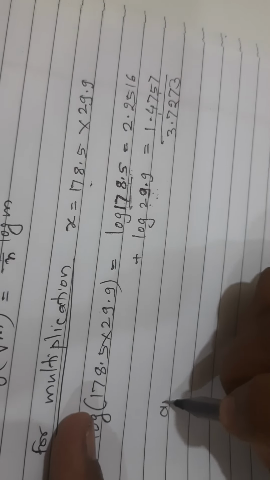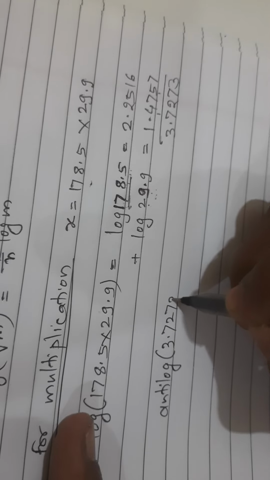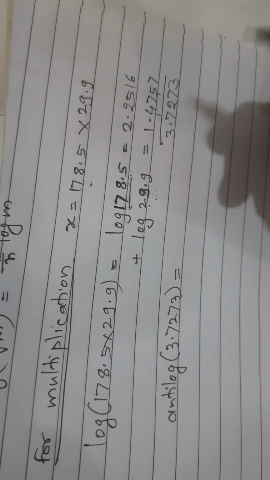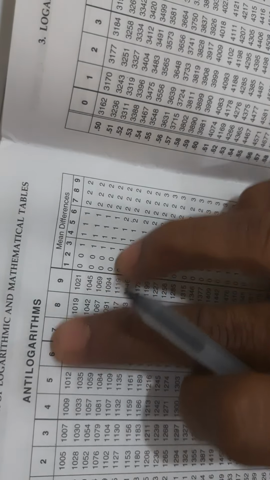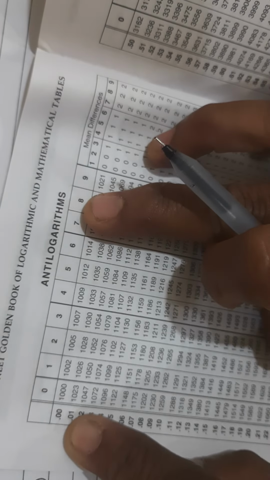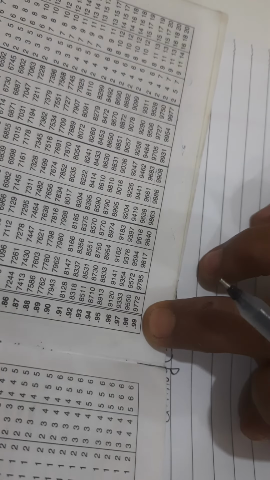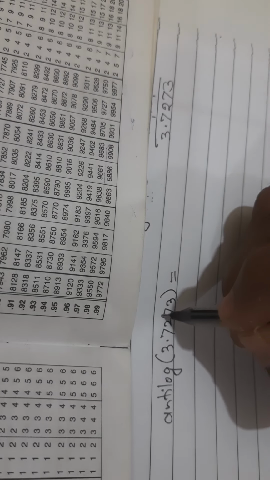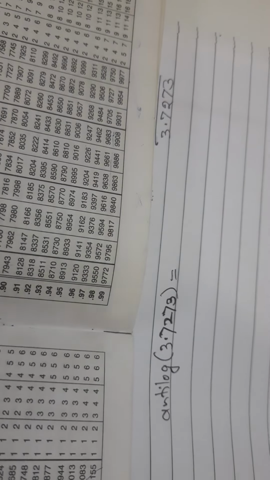Now the antilog of 3.72, 73 is equal to, while finding the antilog, how to find? Now in antilogarithms, in the vertical column, the first number starts from 0.00 and the last number is 0.99. Now here we have to find only for the fraction or decimal, after the decimal part.